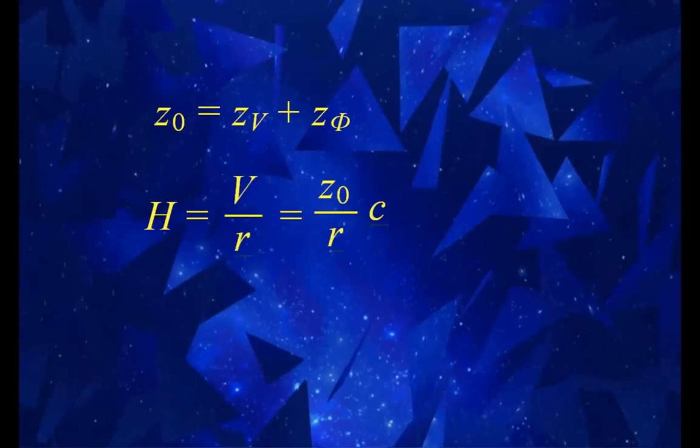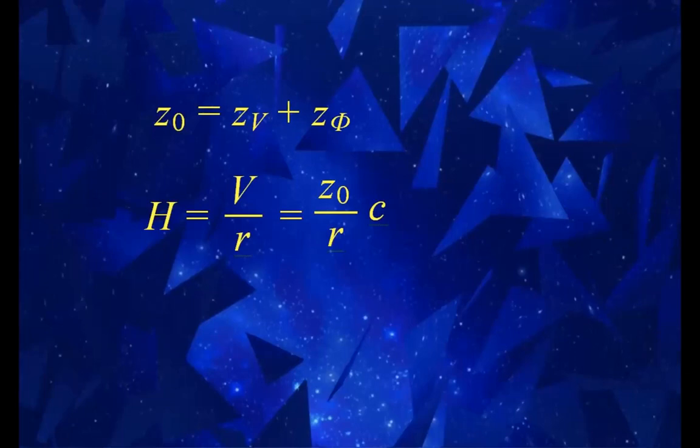The value of the Hubble constant is determined as the ratio of the recessional velocity v of the galaxy to the distance r to it. Astrophysicists put the observed redshift z sub 0 times the speed of light c instead of the galaxy speed v. In our opinion, this is an incorrect equation.